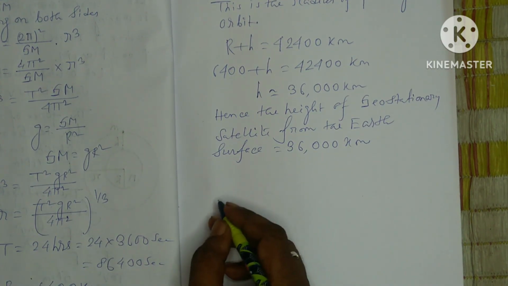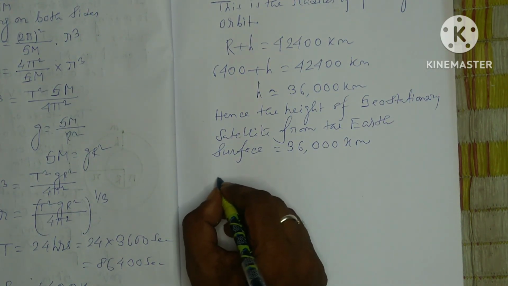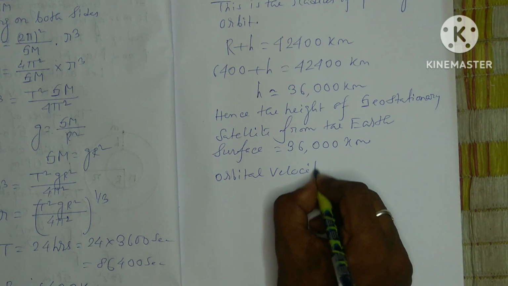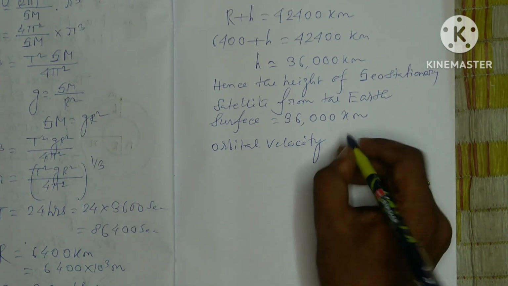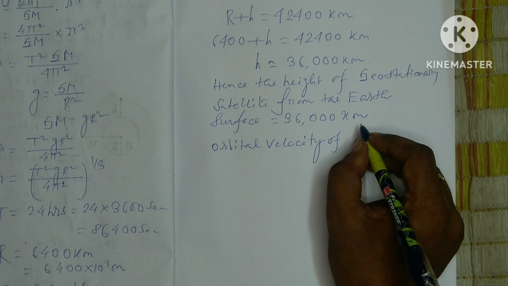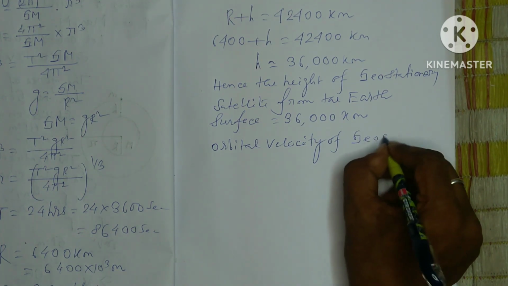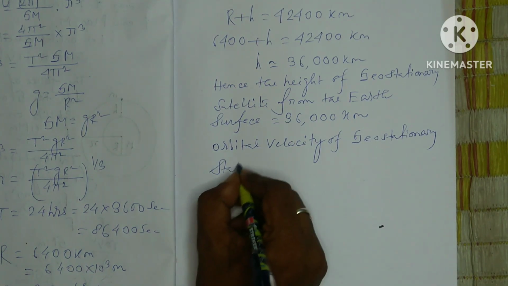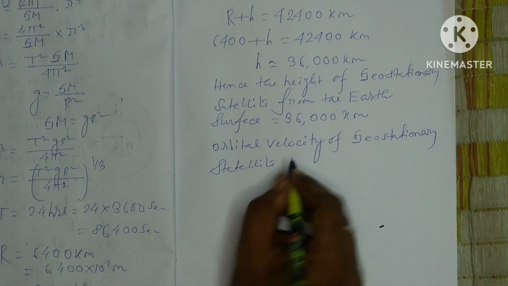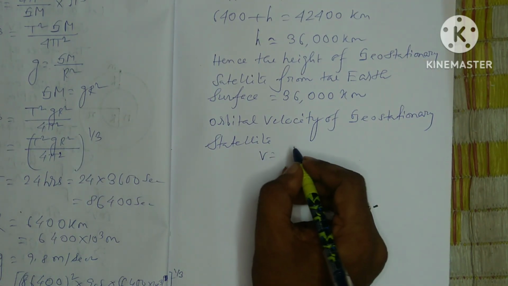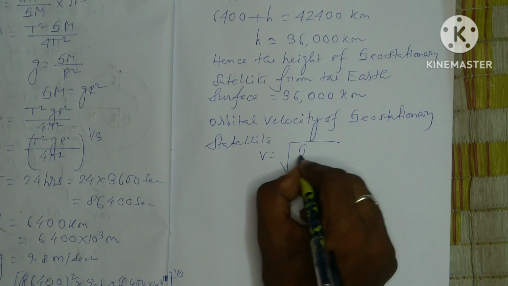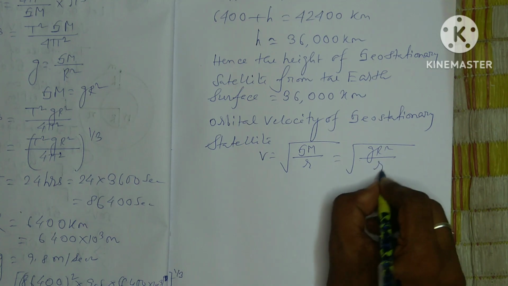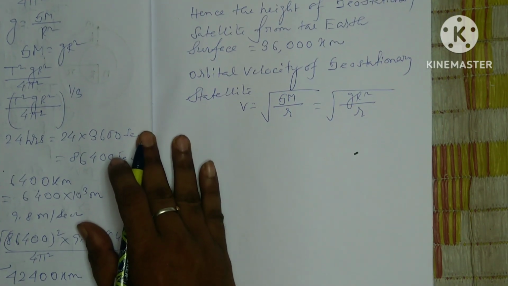Again, the orbital velocity of the geostationary satellite is v equal to root over GM by r, that is root over gR square by r.